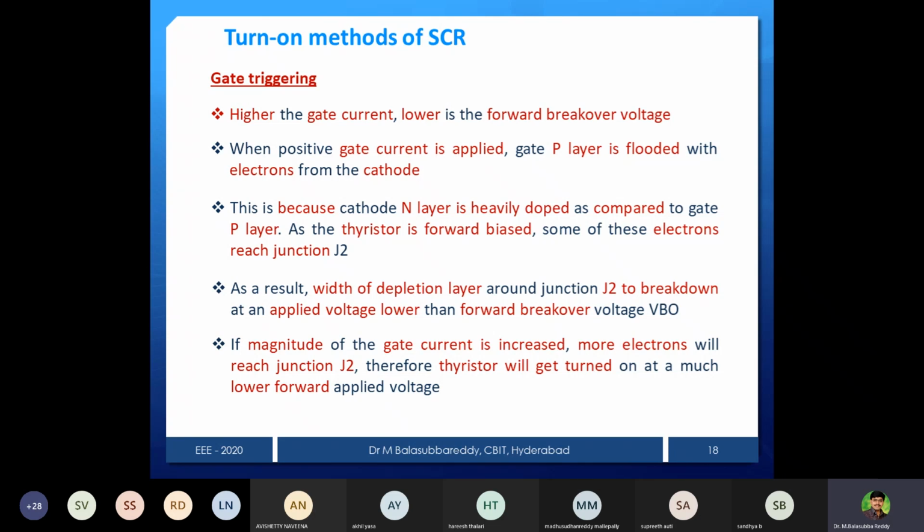But some of the methods are not preferable, some are unwanted triggerings, and only gate triggering is the preferable one. So as the magnitude of the gate current is increased, more electrons reach junction J2. Therefore, the thyristor turns on at a much lower voltage applied across anode to cathode. That is the logic.